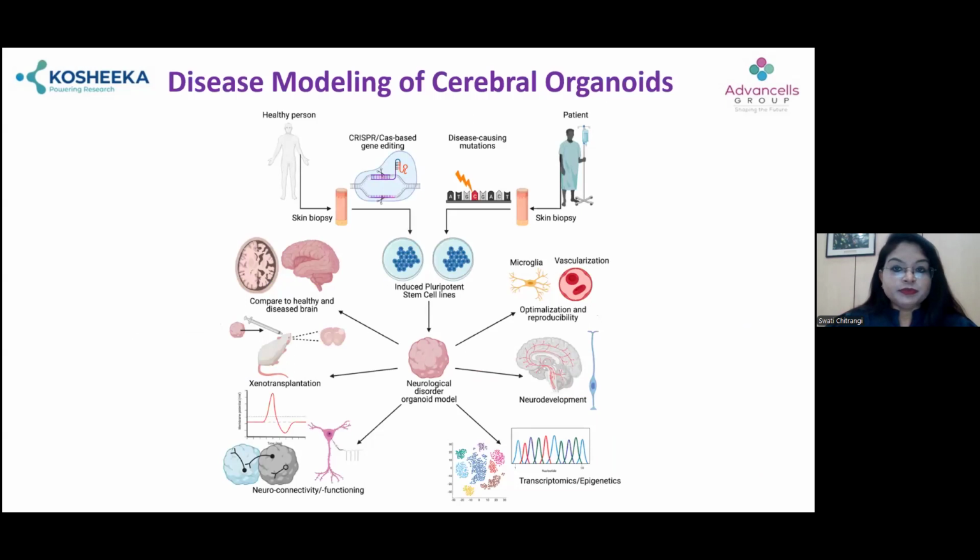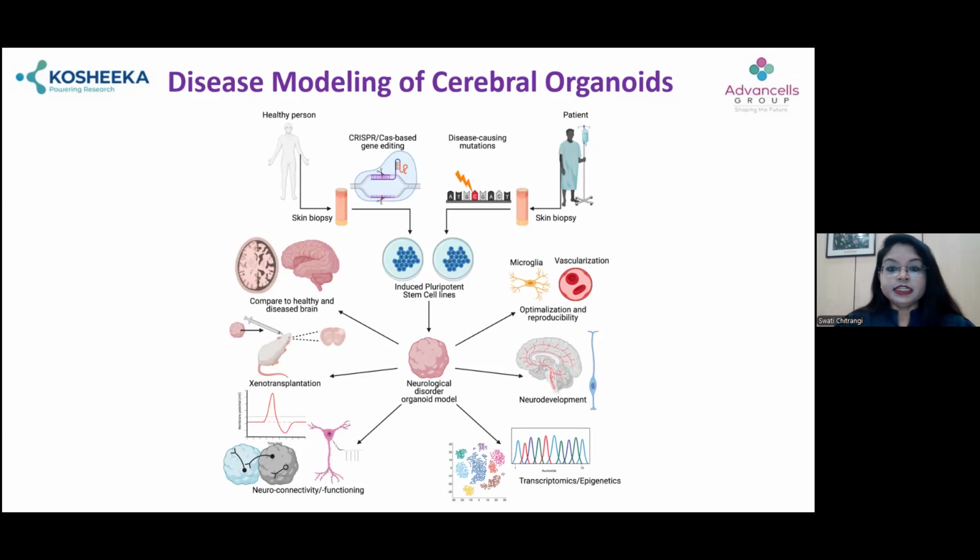Then there can be two approaches for disease modeling. First, you can take a healthy volunteer's skin biopsy and reprogram it to iPSC, and by the CRISPR gene editing tool, you create some genetic mutation and create your disease line.